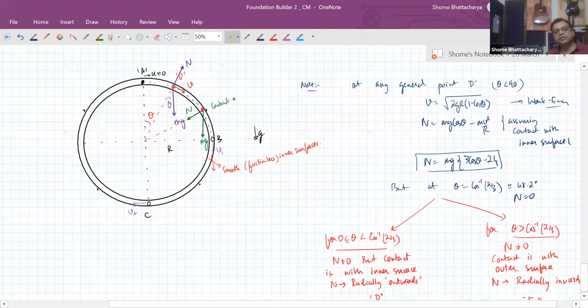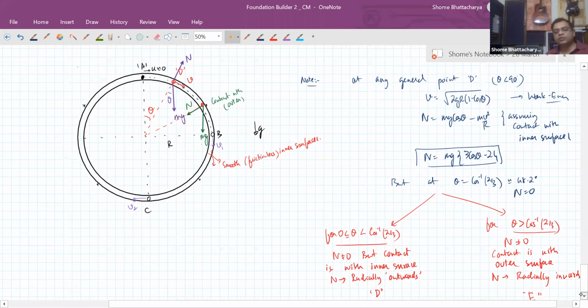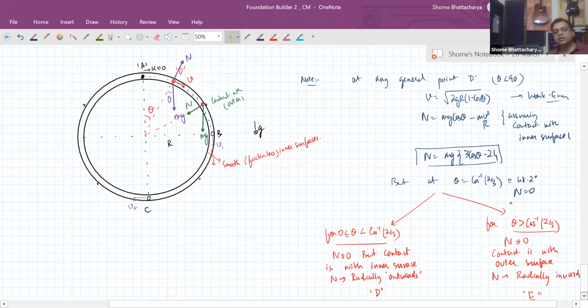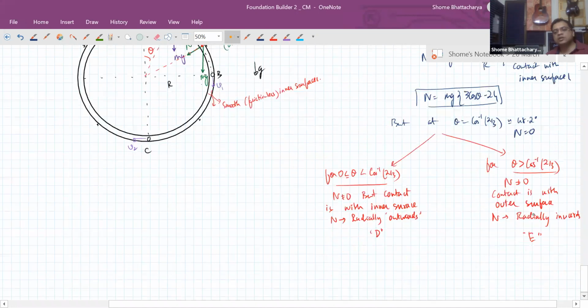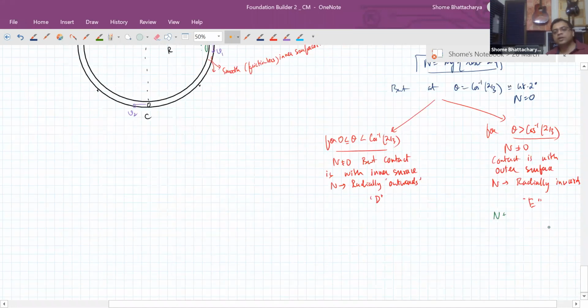Where it's in contact with the outer surface. Here it is in contact with the inner surface. So when this happens, the formula of normal reaction will become N plus mg cos theta is equal to mv square by r. So N will become mv square by r minus mg for such a point.